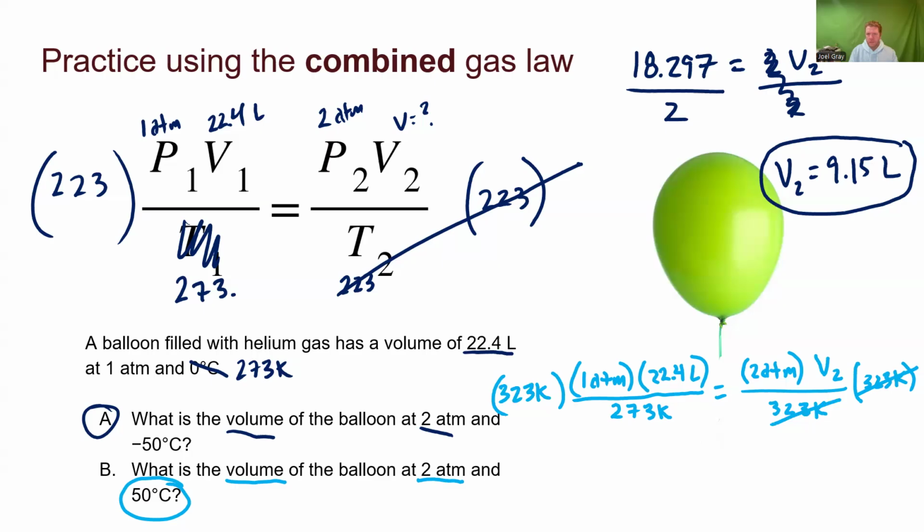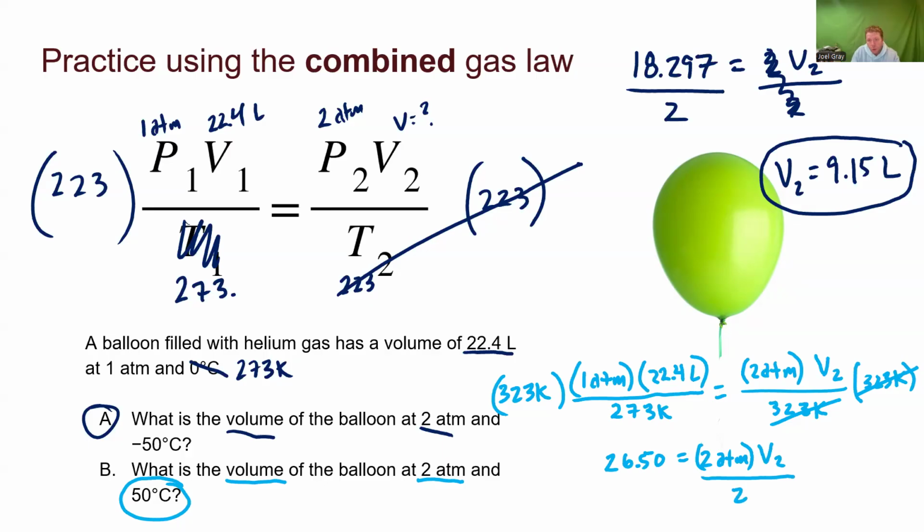Cross that out, cross that out. So now I'm going to take this number, multiply it by 323, and I get 26.5. I'm not done yet. 26.50, I'll stop at that, is equal to 2 atmospheres times V2.